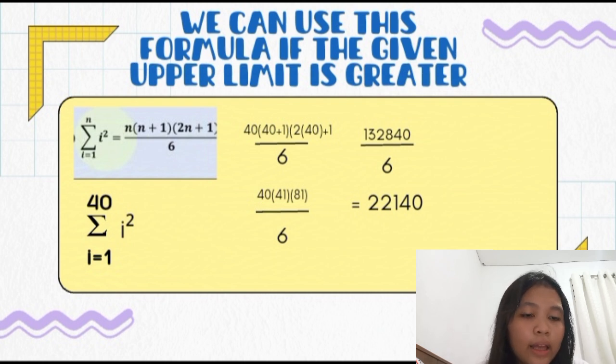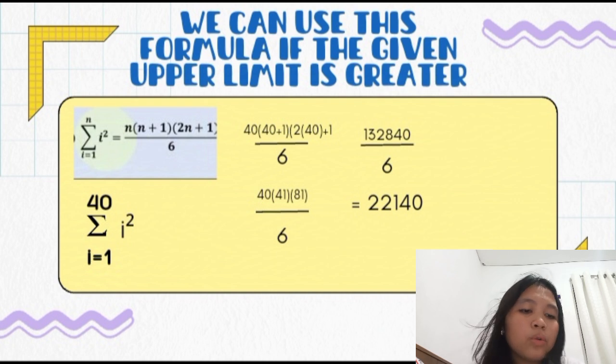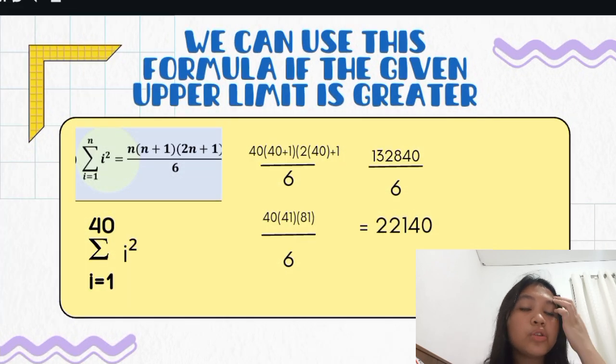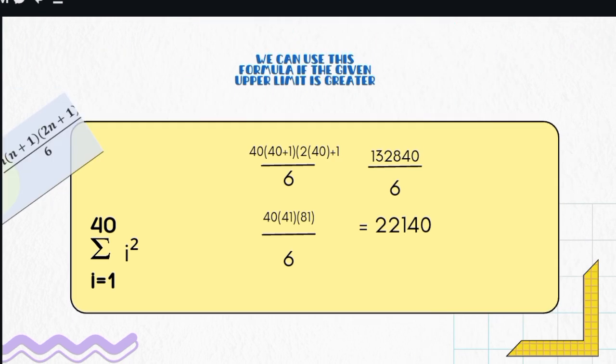We don't forget that. Then 40 times 41 times 81 is 132,840, divided by 6 is equal to 22,140. So that is our answer for this equation.